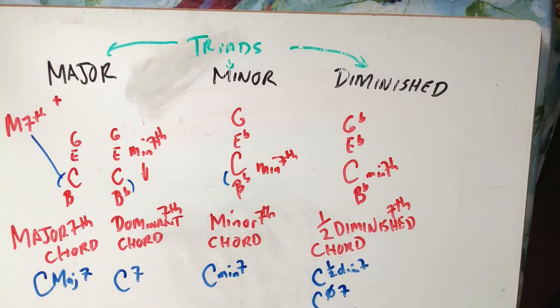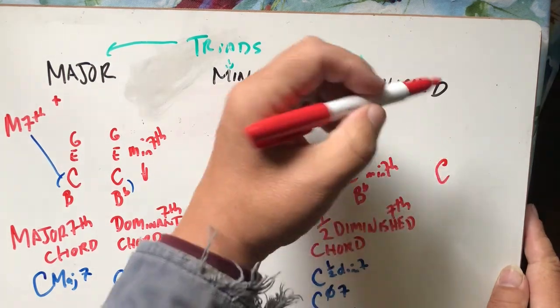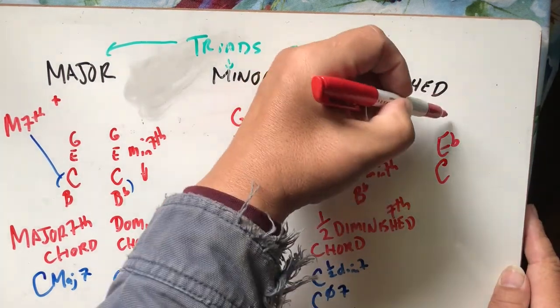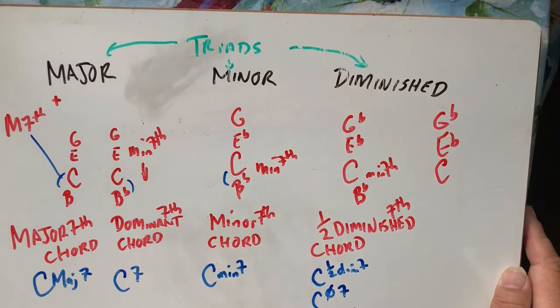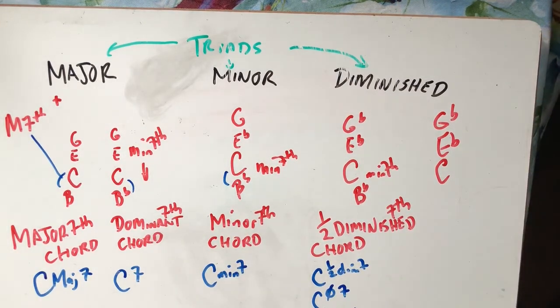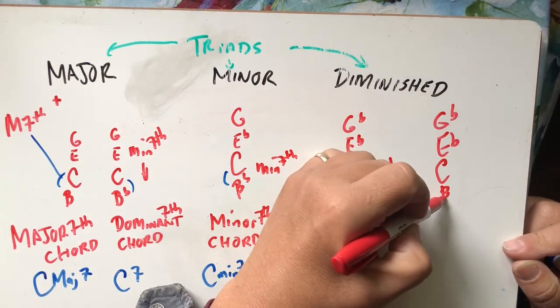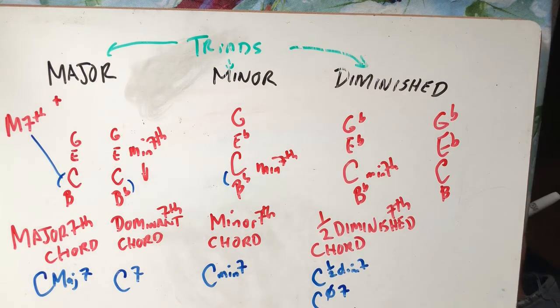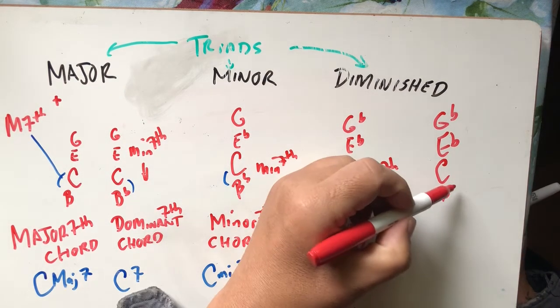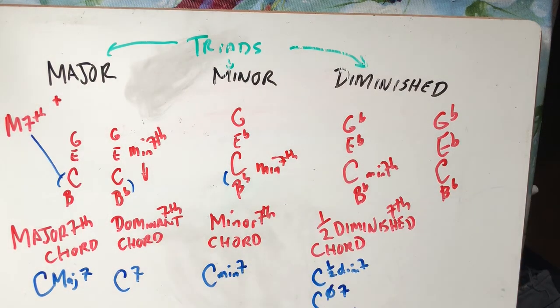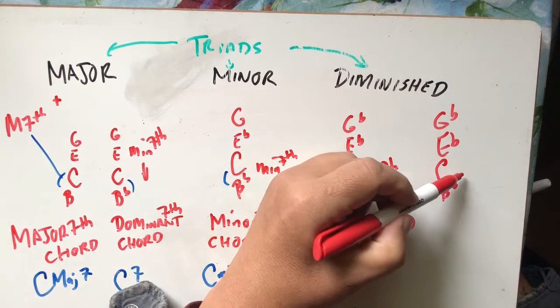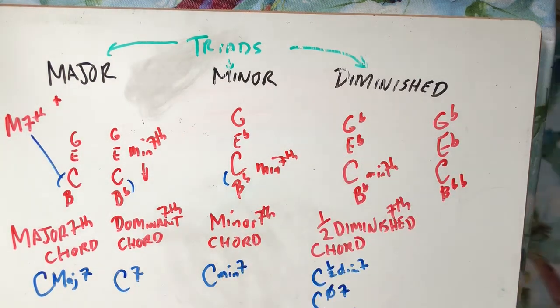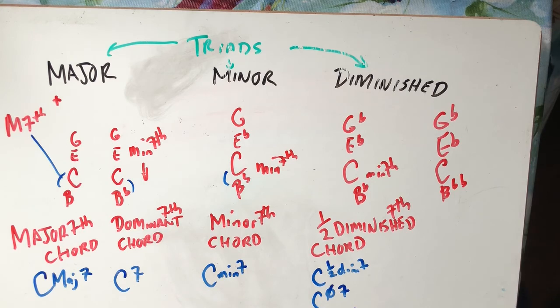Now, if we go one further and we grab that diminished 7th that we've talked about. Okay, so here's my diminished triad. If I go B, that's a half step down, so that's major 7. If I go B flat, that's a whole step down, so that's minor 7. If I go B double flat, we finally found a use for it. That's actually 3 half steps down.